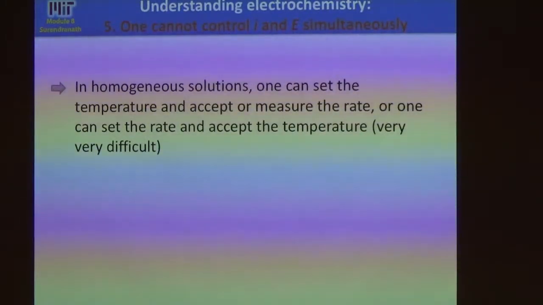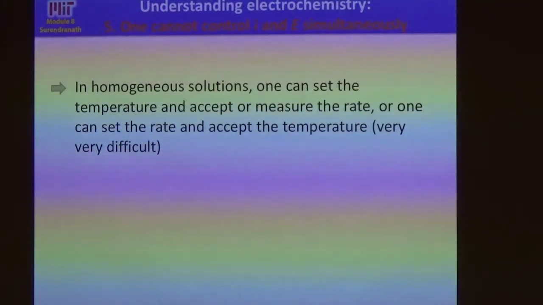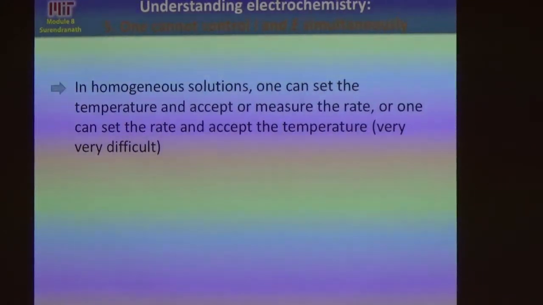Say I did a reaction of A going to B and it had a certain rate constant. I could vary the temperature and measure the rate, or I could set the rate, and if I had something that would toggle my temperature, I could make it find the appropriate temperature for the rate I desired. And the same thing can actually occur in electrochemistry.